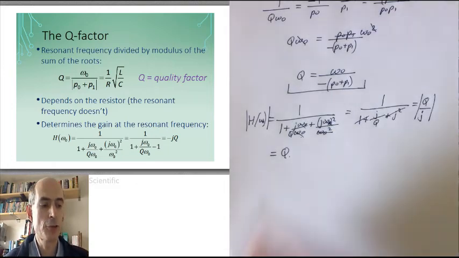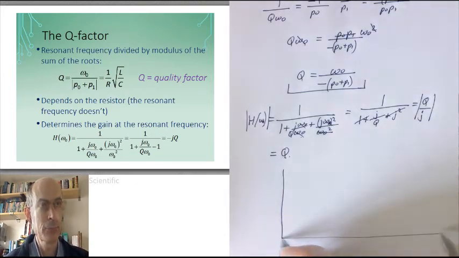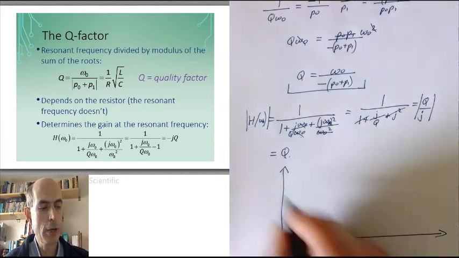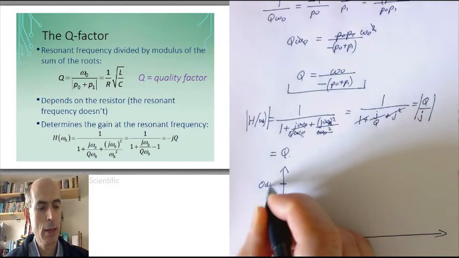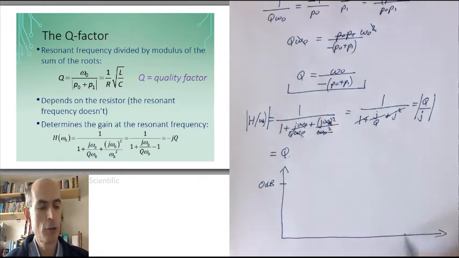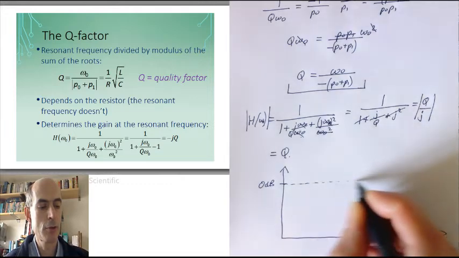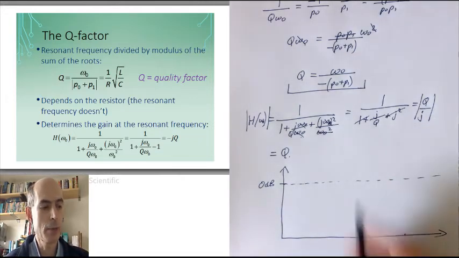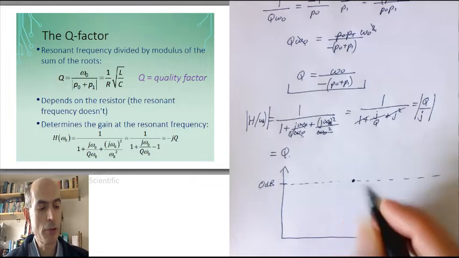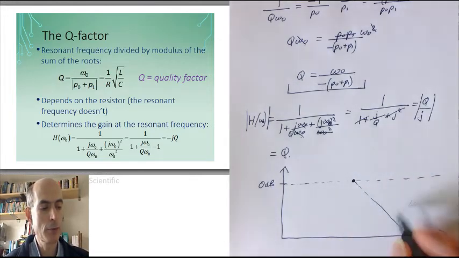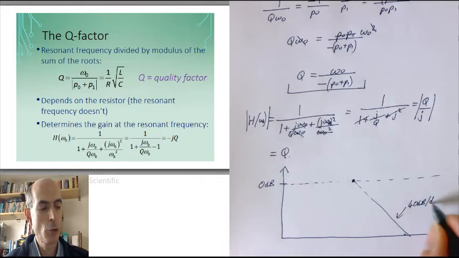So if you want to sketch the amplitude response, and you know the Q factor and the resonant frequency, you could just extend this low frequency asymptote to there. The resonant frequency there, we could go down by 40 dBs per decade, and we would know that at high frequencies we must be on that line.